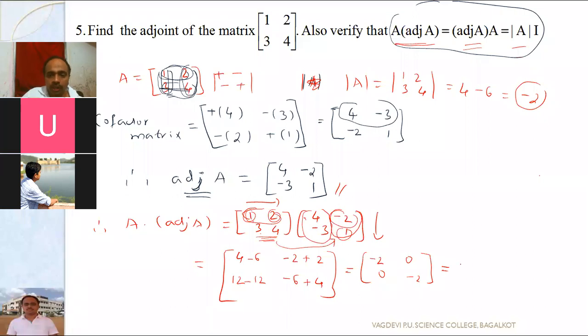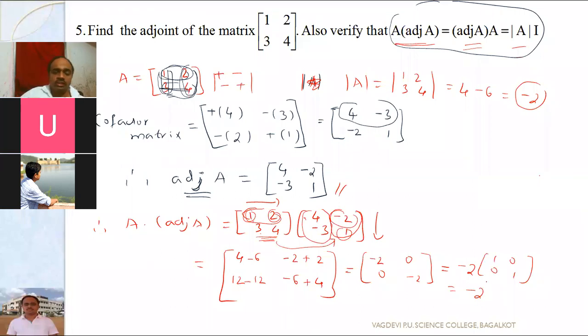If I take minus 2 common, what do I get? 1, 0, 0, 1. I have taken minus 2 common in the matrix. What is 1, 0, 0, 1?